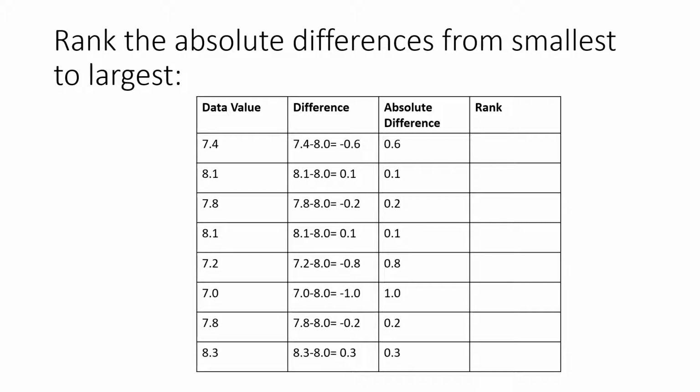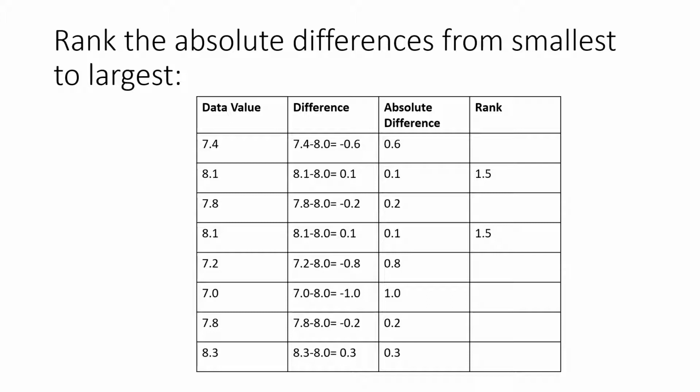Now if I look, I've got two differences that are both 0.1, and those are the smallest differences. When I have two differences that are equal to each other, I take the places that they're going to hold, those would be the first and second values, and I average them, and I give them both the rank of 1.5.